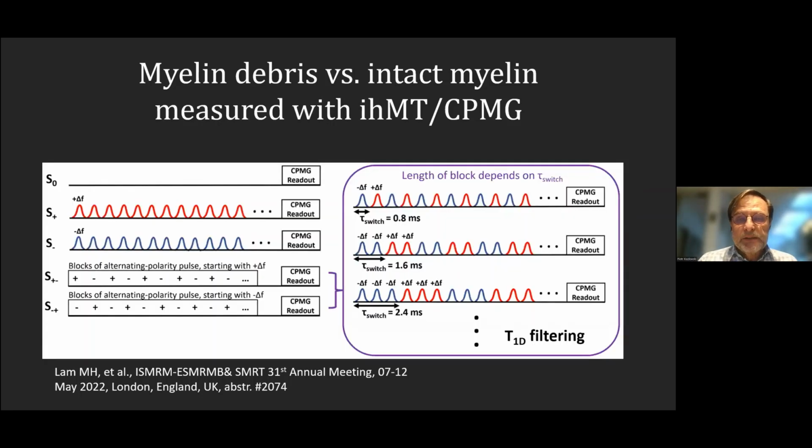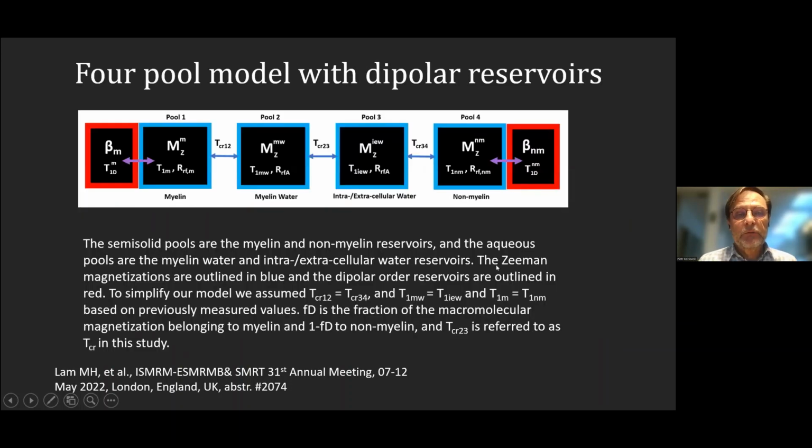So these are the pulse sequences that we used for this study, and we used the T1D filtering at different levels of the filter, which is changed by changing the distance between the positive and the negative frequency offsets. We did the 4-pool modeling with the dipolar reservoir.